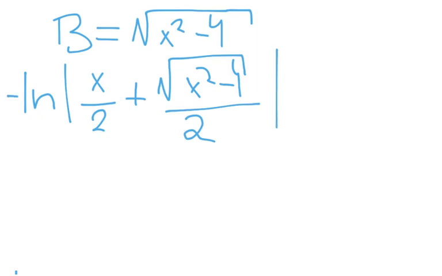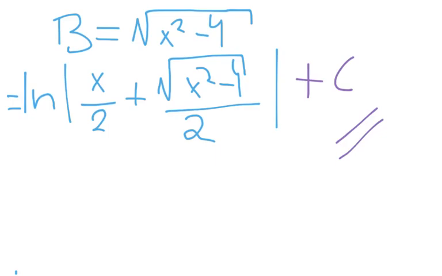And are we done? No, there is still a long way ahead. No, I'm kidding. The only thing that you need to do is to add a c, and we're done. So why a c? Well, that's what you get to add whenever you encounter an indefinite integral.